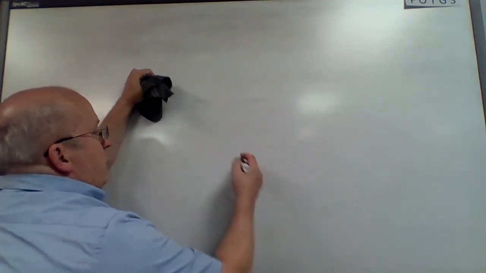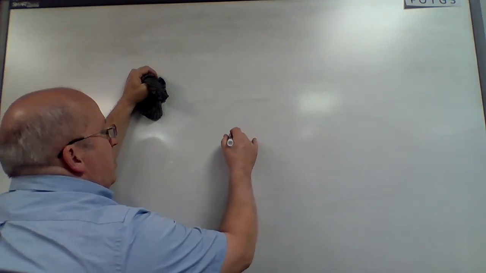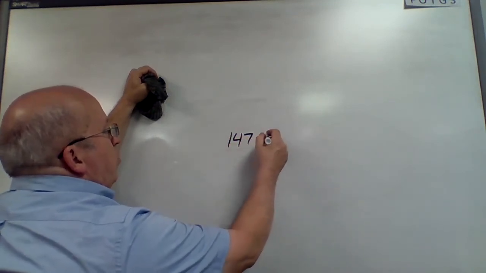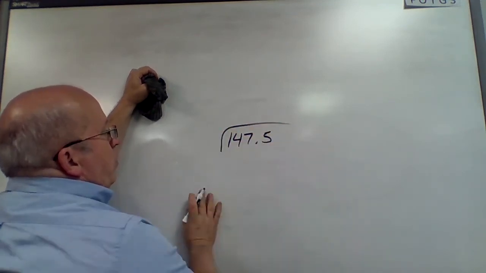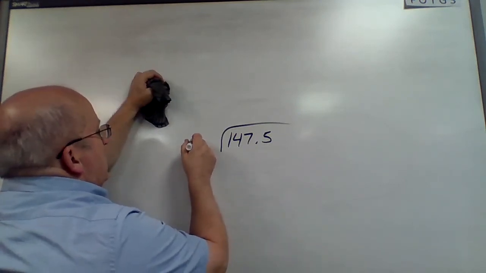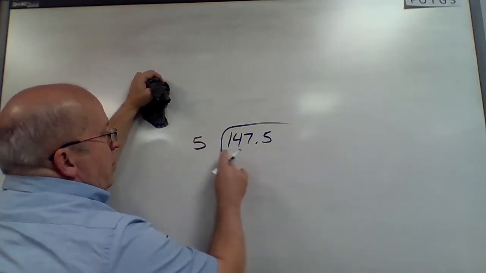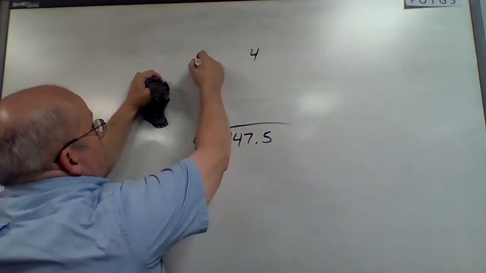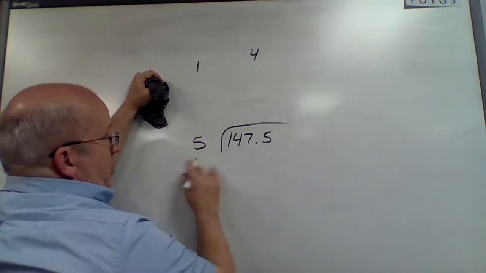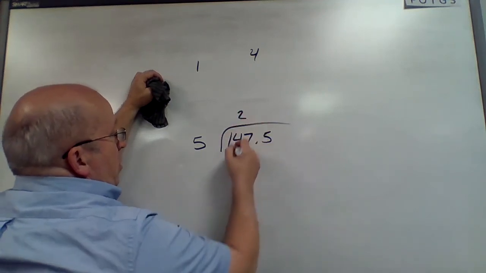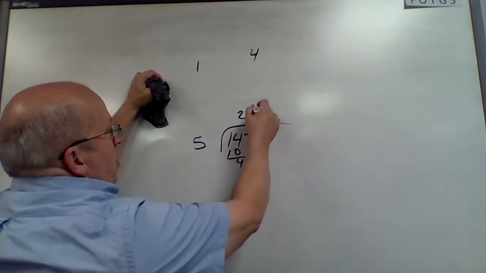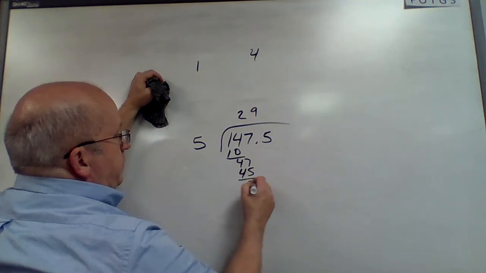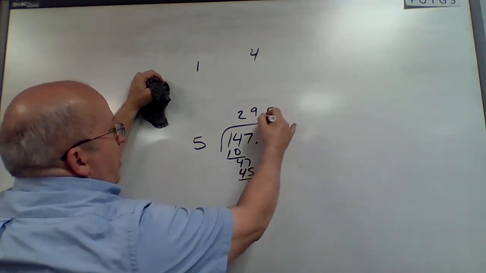Let's try a division problem. Let's say we were dividing 147.5, and we were dividing that by the number 5. This number has 4 significant digits. This number only has 1 significant digit. Let's do the math. 2, 9, 5.